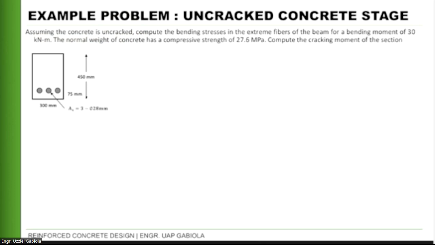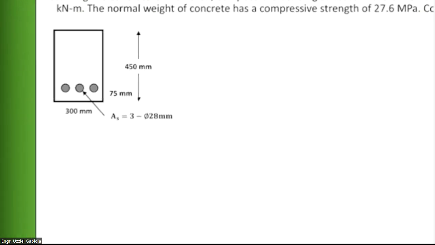We have here the dimensions of the section. We have a 300 by 450 reinforced concrete beam with 3 28 millimeter diameter bars. We have here the location of the centroid of our rebars from the extreme fiber, which is 75 mm. So concrete cover is 75 mm.